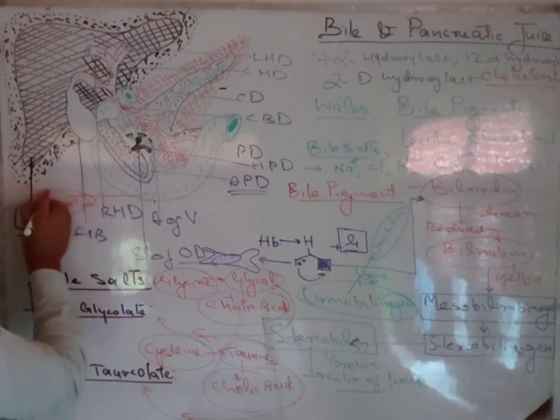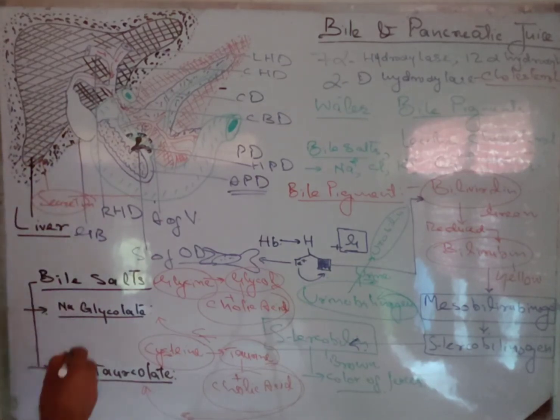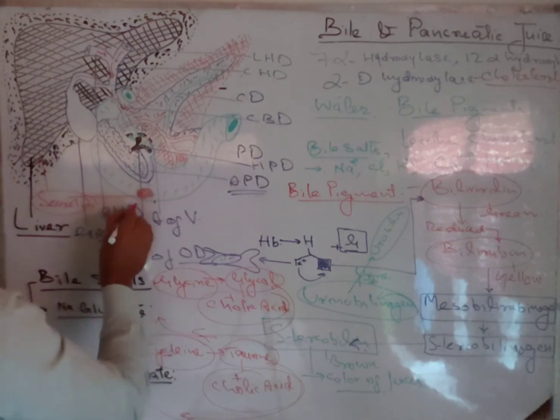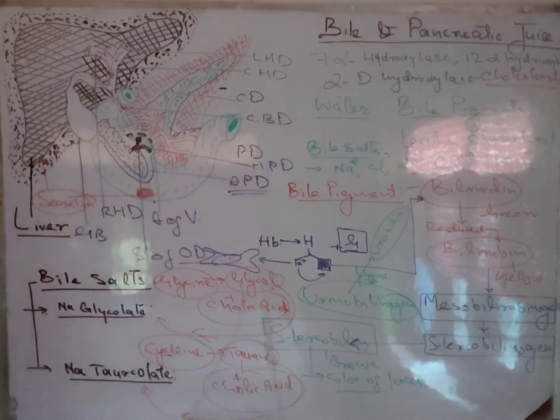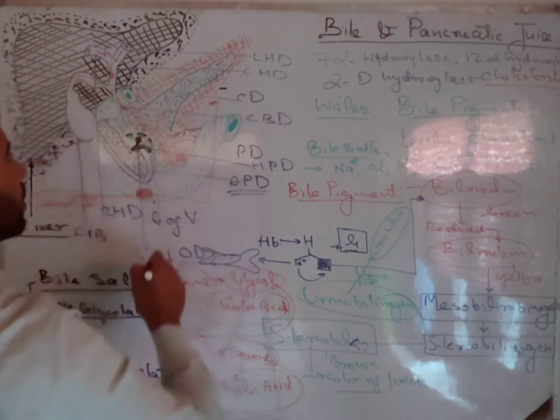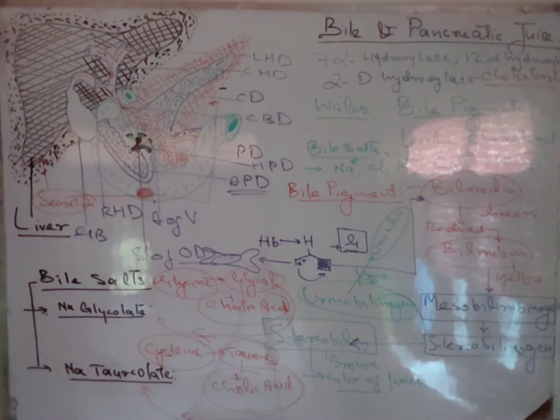This secretin will come along with the blood and induce good synthesis of the bile, and it will also induce the pancreas for good synthesis of the pancreatic juice, which we will discuss tomorrow.